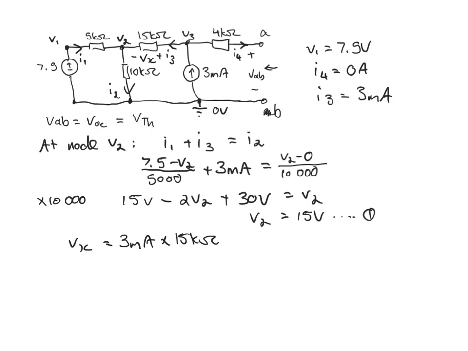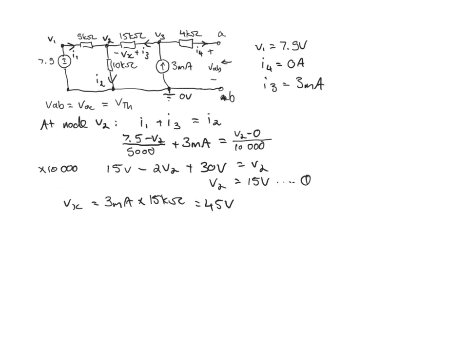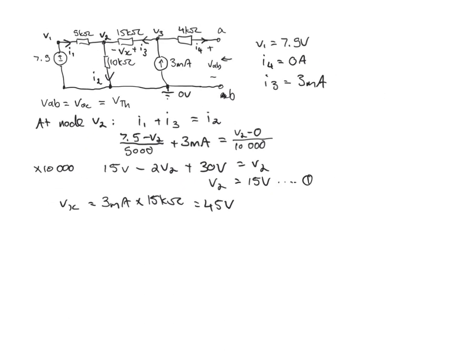Because remember we said that I3 is equal to 3 milliamps, and so we know therefore that Vx is equal to 45 volts. And we also know that V3 minus V2 is equal to Vx, which is equal to 45 volts.